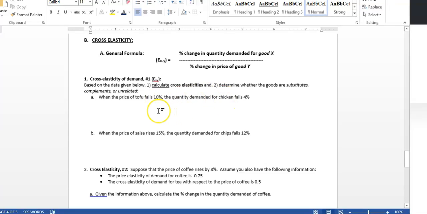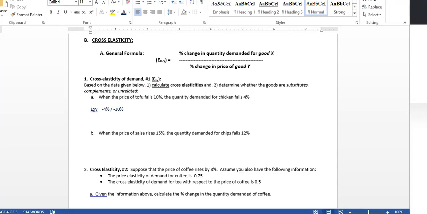All right, so basically we're just plugging this into our equation here. We've got E_XY equals the percent change in quantity demanded of chicken, and that falls, so we're going to use a negative sign to represent a decrease, when the price of tofu falls 10%.